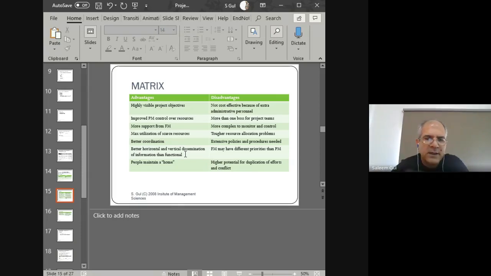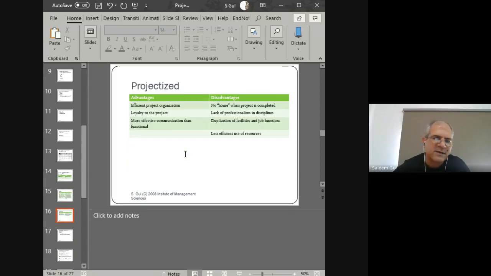There's others, but those are not of concern for us in our class because, as I mentioned, these slides are for training, so they are more detailed since that was an advanced level course. So for right now, we'll just consider these two advantages and disadvantages.